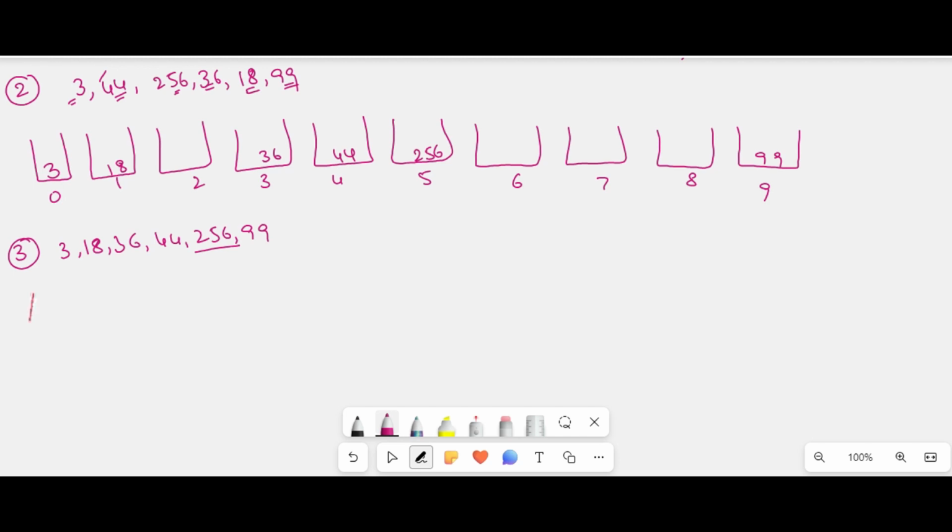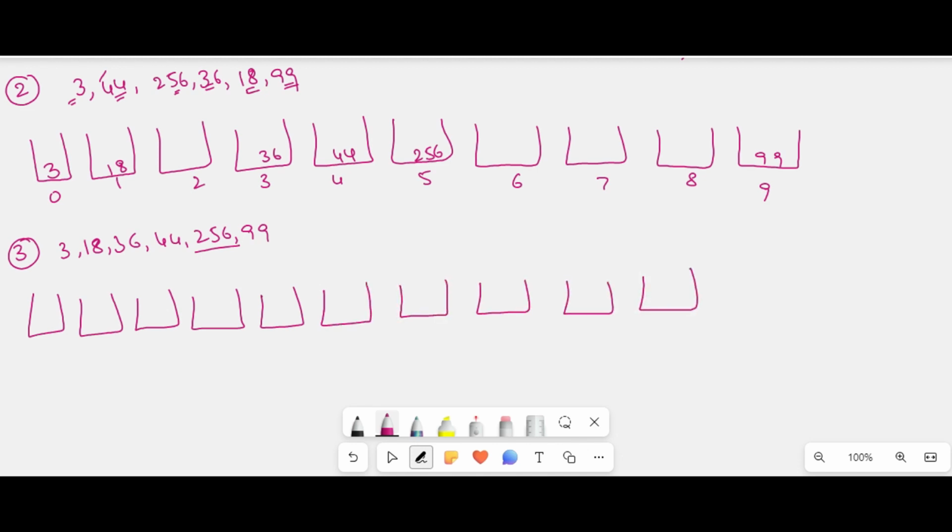Okay, so now the 0th bucket, first, second, third, fourth, fifth, sixth, seventh, eighth, ninth. Give the bucket numbers 0 to 9. For 3, there is no hundreds place, so 3 is placed here.